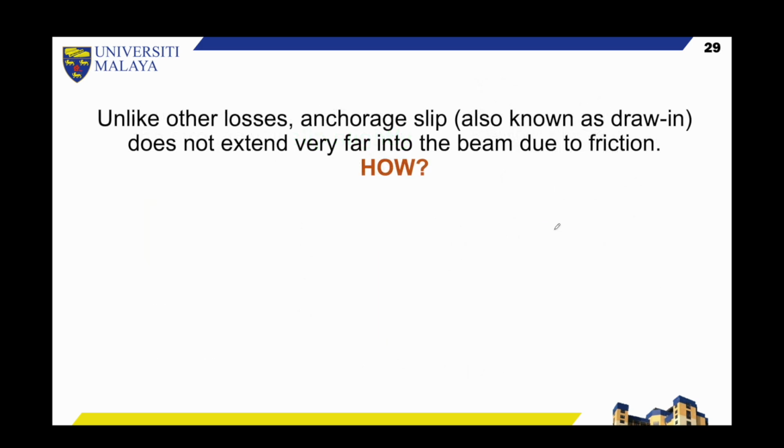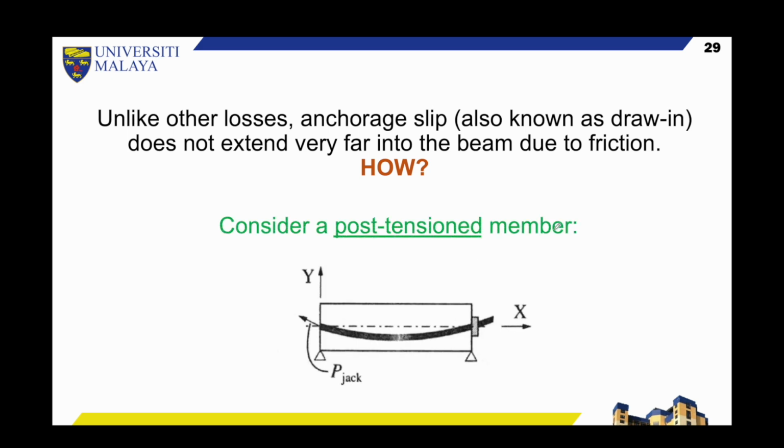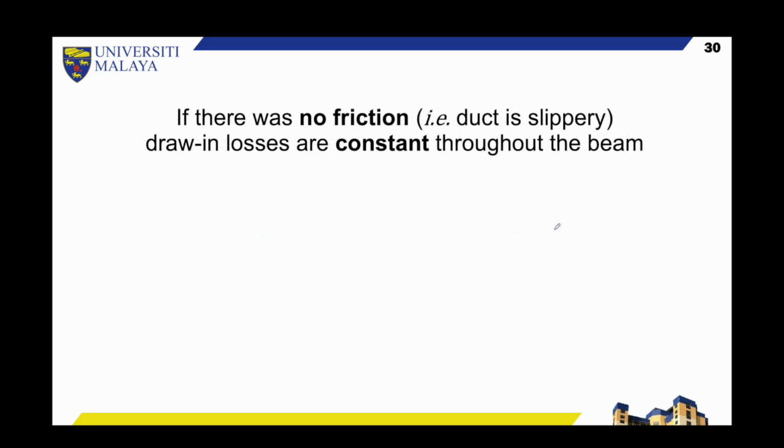But unlike other losses, anchorage slip, also called draw-in losses, do not extend very far into the beam. Why? So let's consider this post-tension member and see.